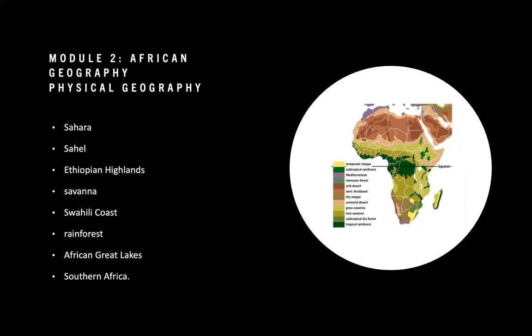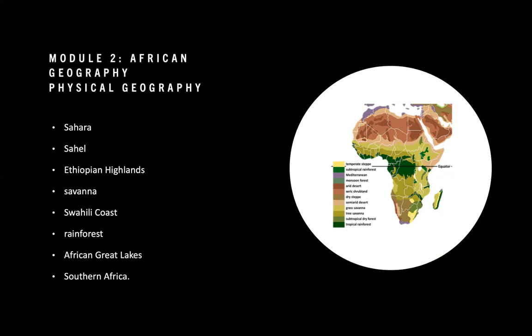Rainforest, there are sections na napakagubat sa Africa. You have the African Great Lakes, something you can find sa southeastern portion ng continent, kung saan almost next to each other yung mga malalaking lawa, and southern Africa, yung physical region na medyo distinct siya sa rest of the African continent. This is not to be confused with the country South Africa, it's a different thing.